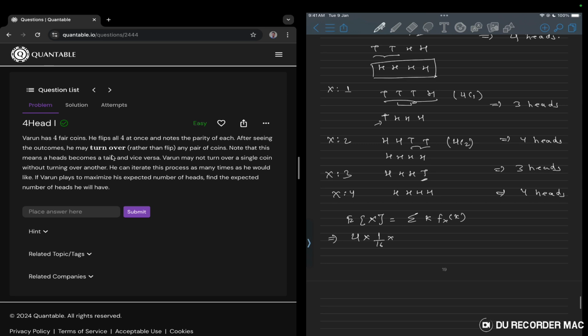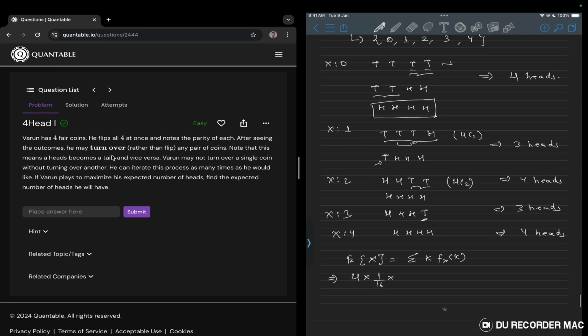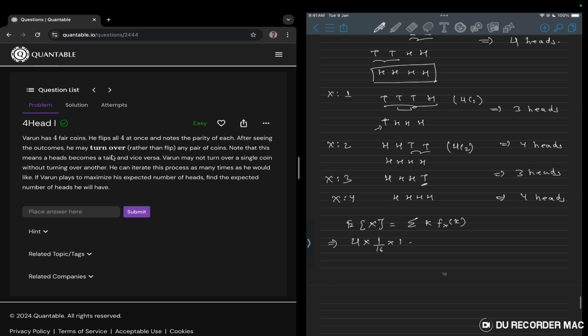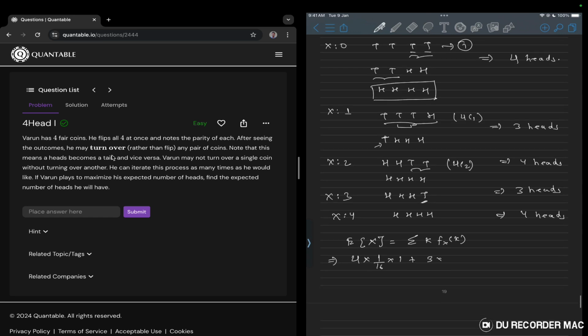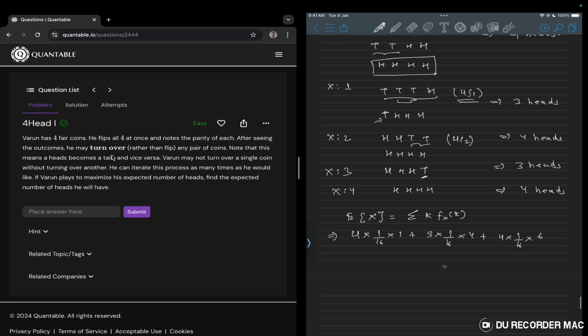So 1 by 16 times this, and we can get it only one way, so 4 times 1. Then for the second scenario, 3 times 1 by 16 times 4C1, 4 ways. Then it is 4 times 1 by 16 times 4C2, which is 6. And 3 times 1 by 16 times 4C1 again, because one tail can be in 4 places. And finally, 4 times 1 by 16 times 1 way.